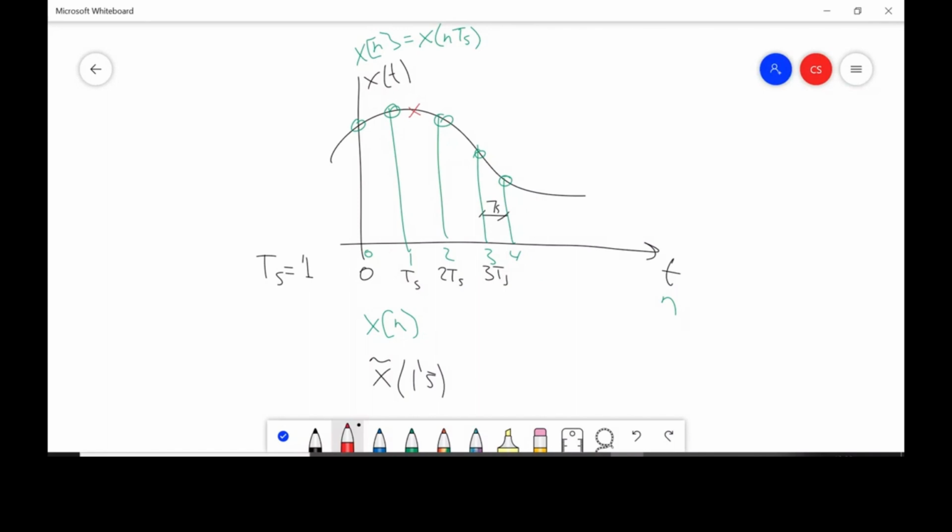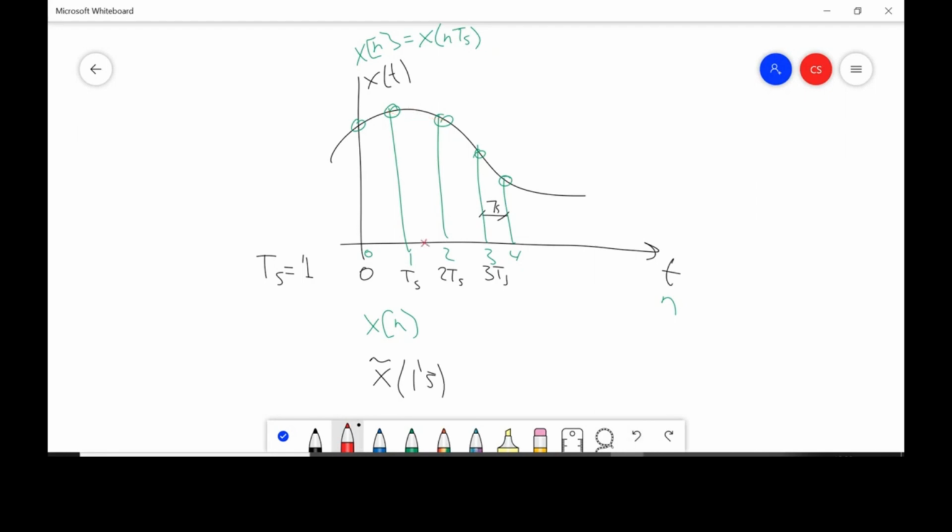But I don't have it. So all I have is the surrounding samples. So can I use the surrounding samples to estimate that point there? And there are many different solutions. The most simple one is this one.